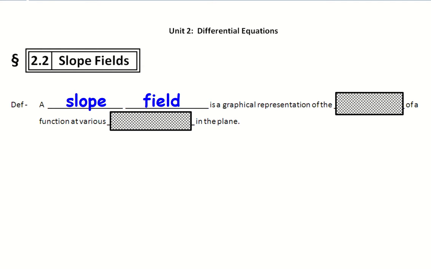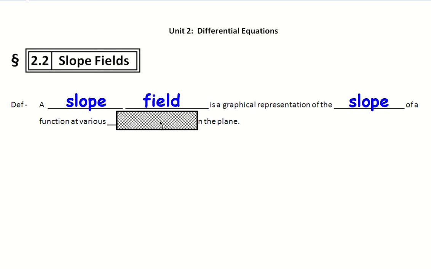So perhaps that would mean you remember that a slope field is a graphical representation of the slope of a function at various points in the plane, at all kinds of different spots.